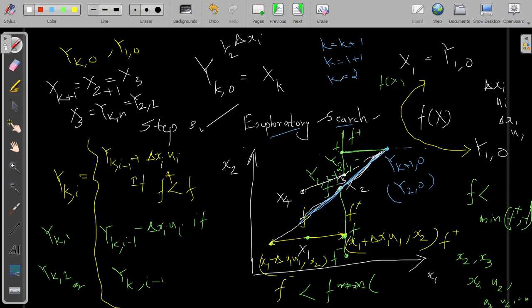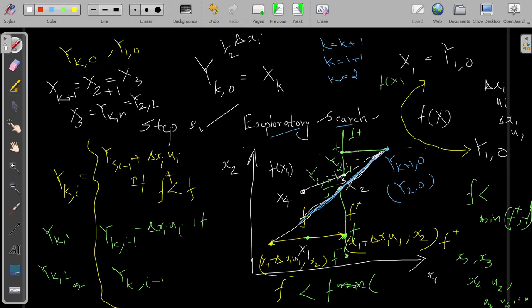In this manner the algorithm goes on. We evaluate the objective function f of x4, and it will be minimized. In that manner this process is continued.